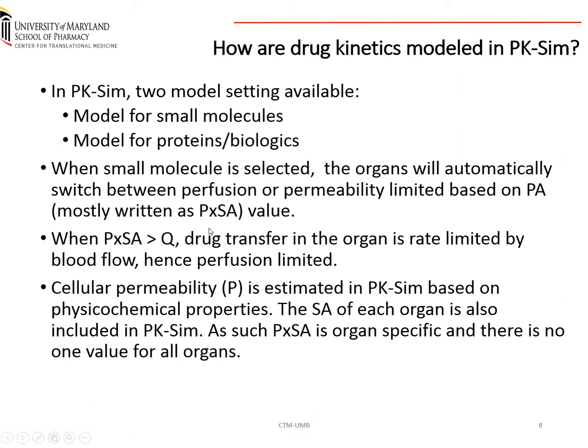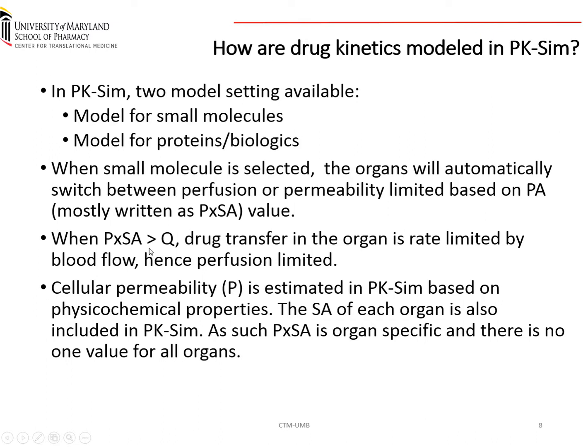So when small molecule is selected, PKSim will automatically define which tissue is perfusion limited and which one will be permeability limited based on the permeability surface area product. And this permeability surface area product parameter is nothing but the multiplication of the cellular permeability and the surface area of that particular organ.